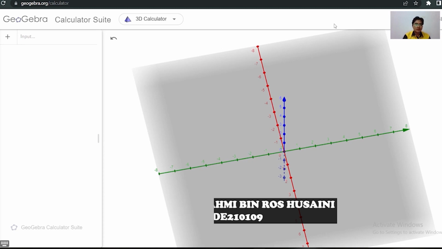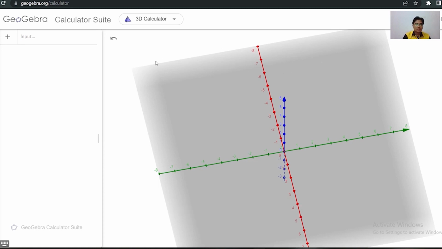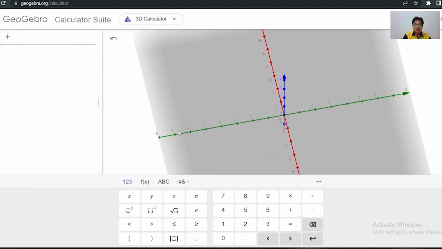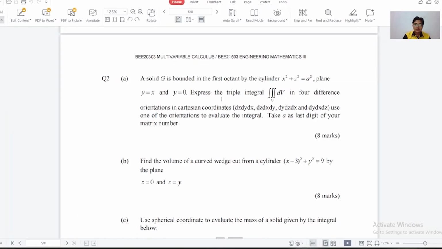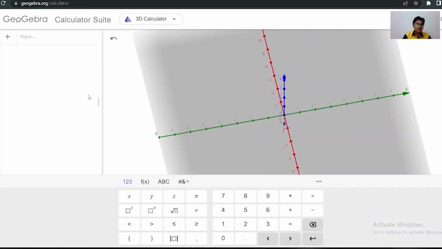Okay, I will continue about question 2. For question 2A, we use the GeoGebra 3D calculator. So firstly, we need to insert the equation from the question, which is x square plus z square equal to a square. So we insert it in here.